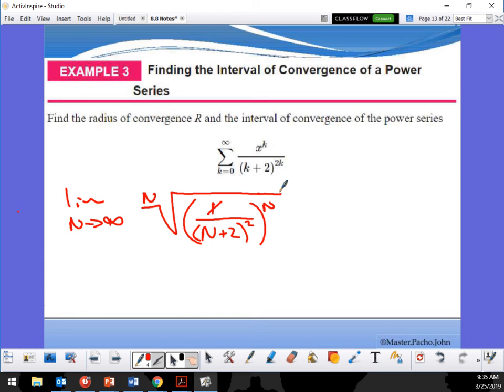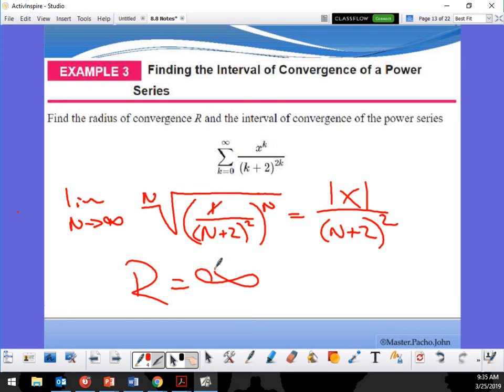So what's going to happen? This is going to turn into what? As this goes to infinity, it goes to zero, with the absolute value. So in this case, it's going to converge absolutely for all real x. No matter what value x is, this one's going to converge absolutely. So my radius of convergence, big R, is going to be infinity.